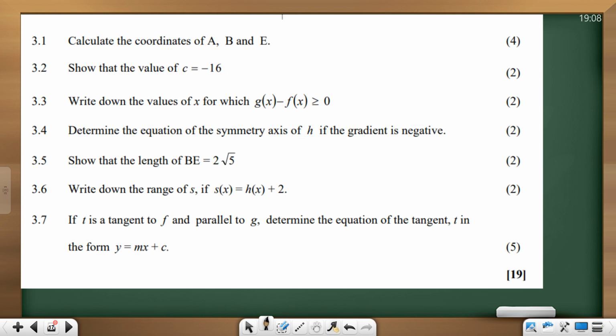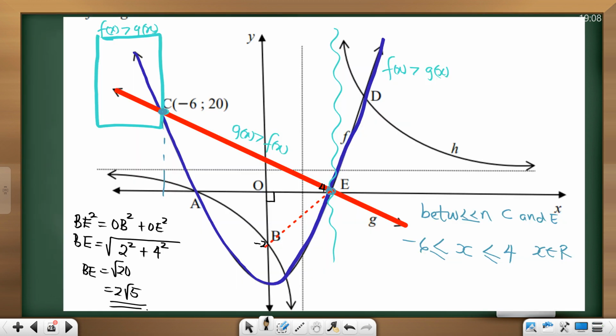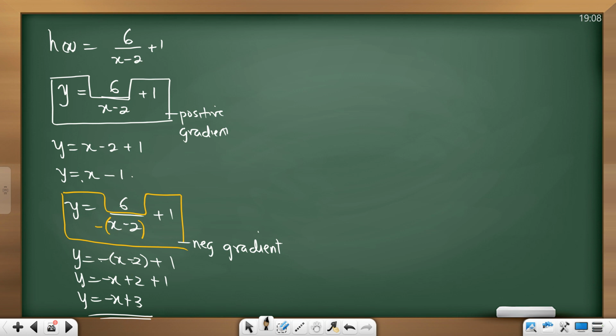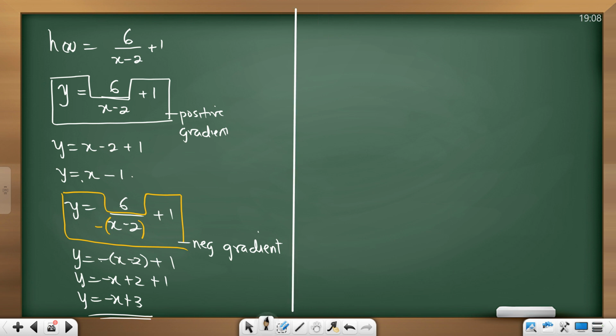Write down the range of S. If S of X equals H of X plus... Let's discuss this quickly. Write down the range of what? S. We're still dealing with the hyperbola, right? Let me work with this page since we are still on the hyperbolic function.